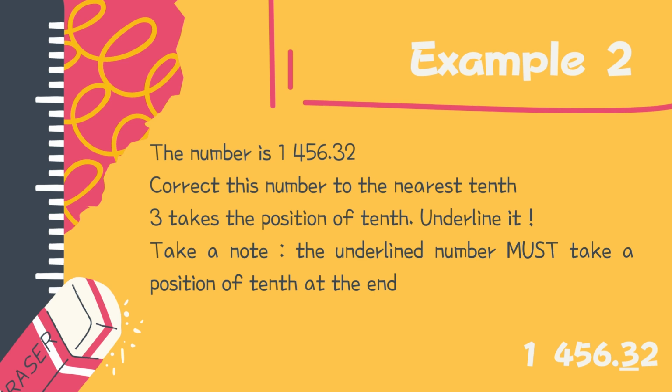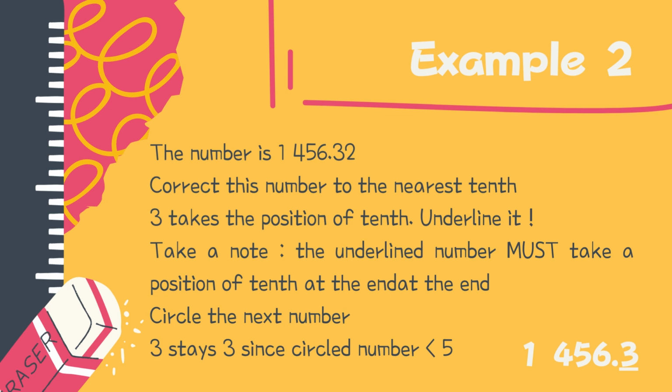The underlined number must take the position of tenth at the end. Okay? Now, circle the next number. What is the next number? It is 2. Do you remember? If the circled number is less than 5, what will happen with the underlined number? Stay the same. Okay? Now, all the numbers after the underlined one are gone.